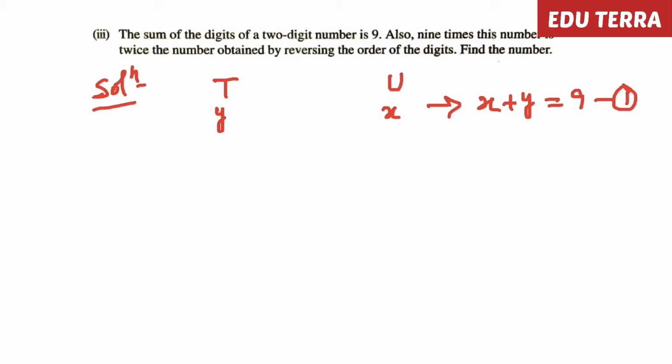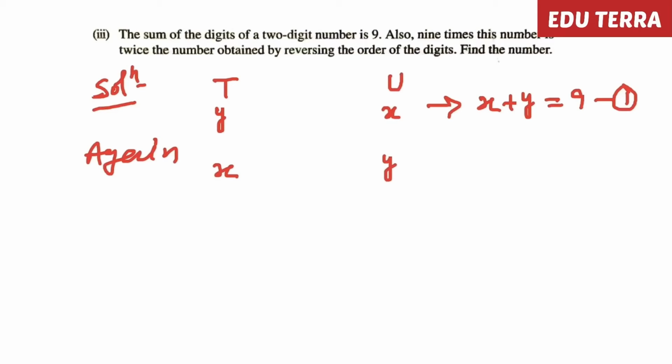Okay. Also, 9 times this number is twice the number obtained by reversing the order of the digits. Find the number. Now we have to reverse the order and then find the second equation. So see, on reversing the order, this time it will be x and it will become y.